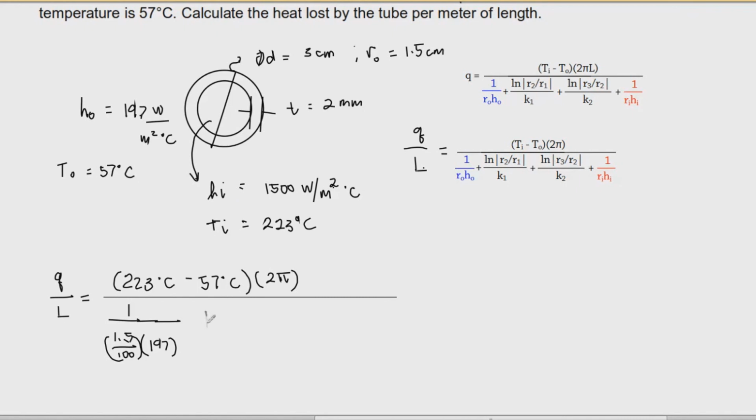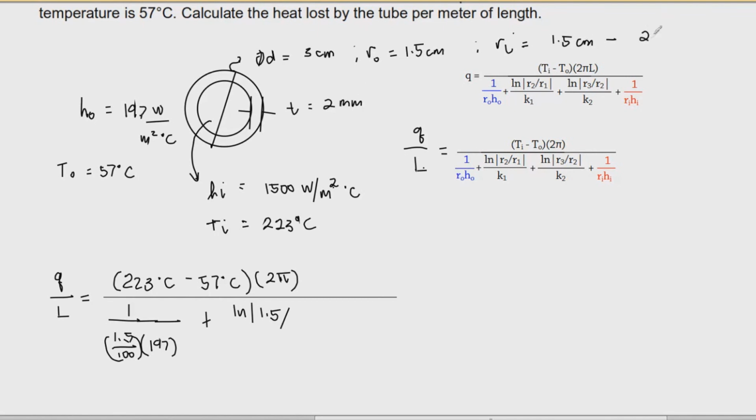And then we add the logarithmic difference of the radii. So we have 1.5 at R sub 2. Now for R sub 1, what we have here is simply R sub o minus the thickness. So R sub i is equal to 1.5 cm minus the thickness, that is 2 mm.